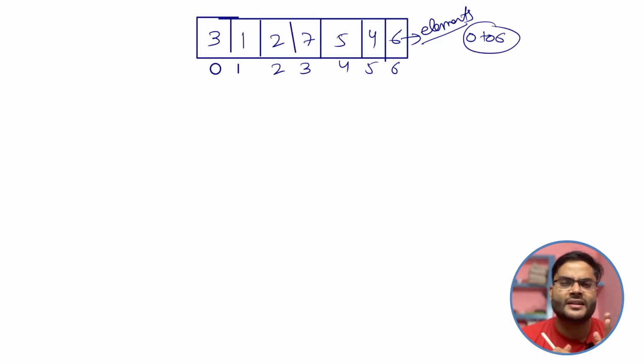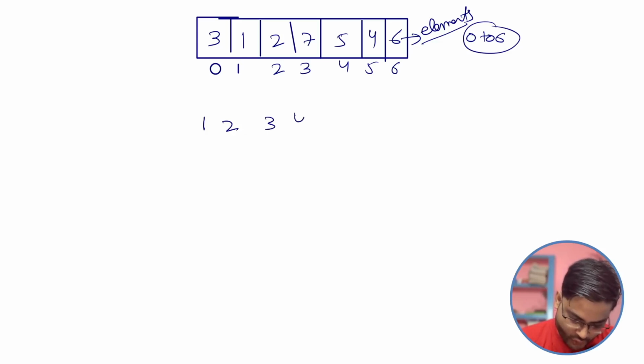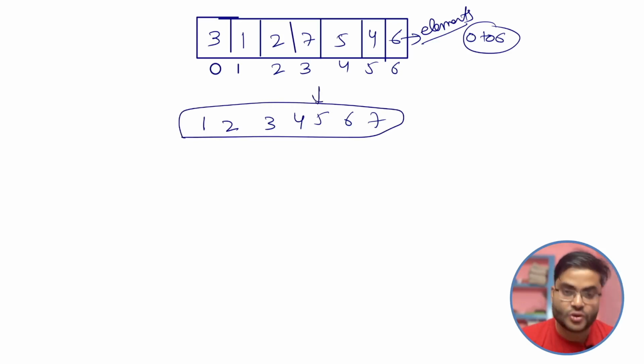We want to sort the array. After sorting, the array should look like 1, 2, 3, 4, 5, 6, 7. I want to sort using merge sort. Now let's see how we can sort this.